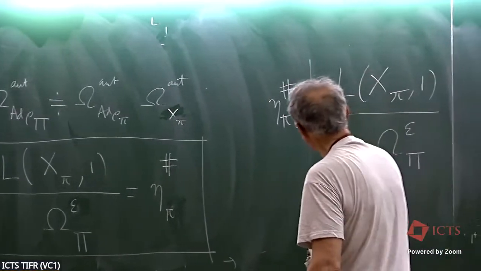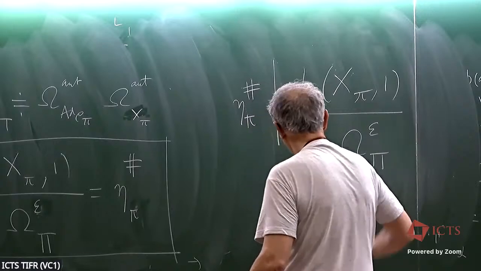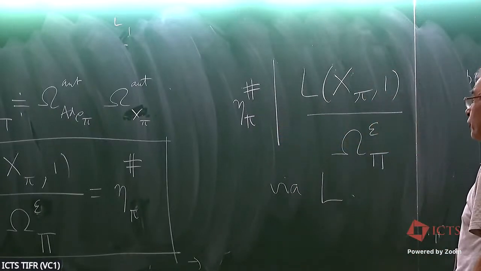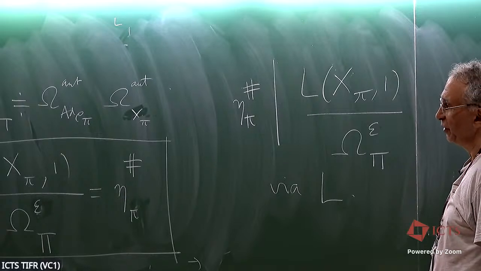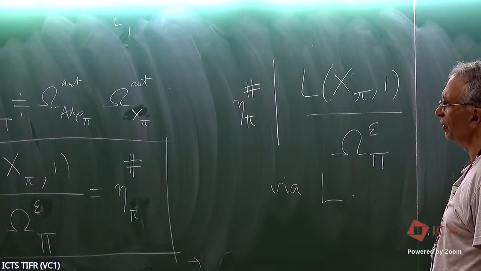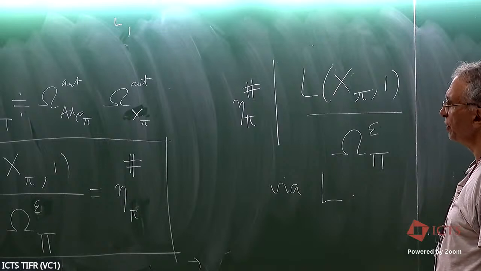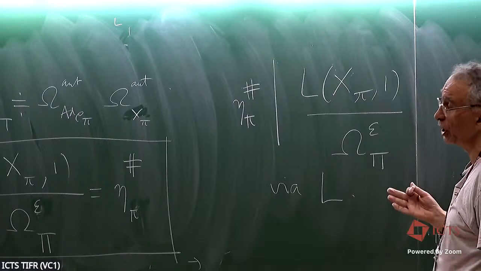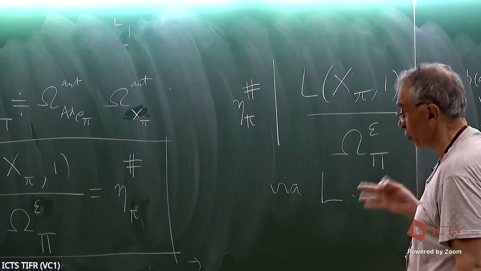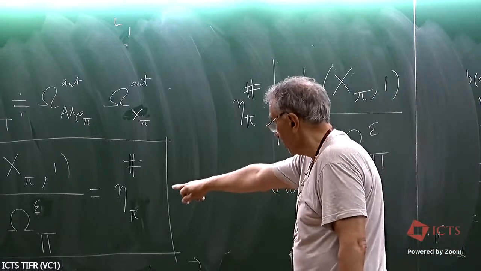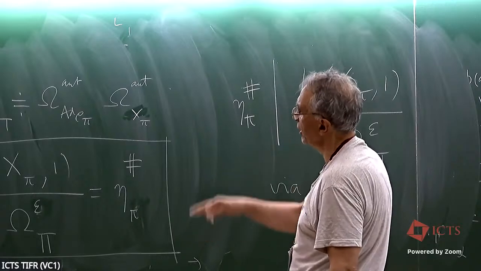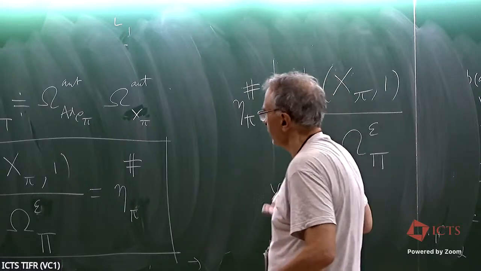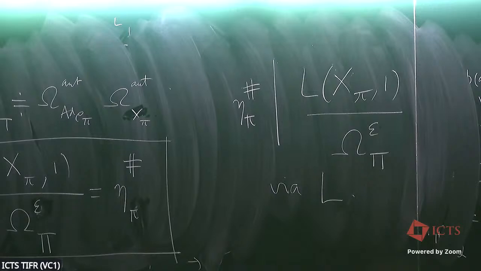So this one is via the linear form. The other divisibility we prove by using Cornut-Vatsal, and it works well, but we cannot generalize this argument beyond GL2. So for GL2, we do prove this. This is via L, and the other divisibility is via Cornut-Vatsal. But okay, so anyway, we prove this.